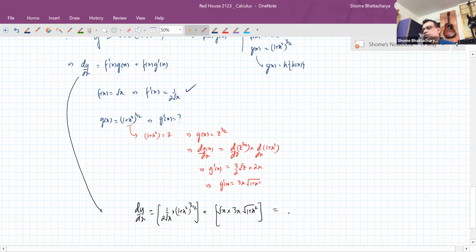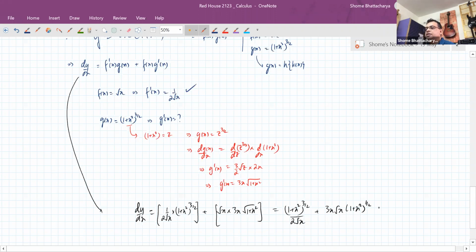So that makes it (1 plus x squared) to the power 3 by 2 divided by 2 root x, plus 3x root x into (1 plus x squared) to the power half.